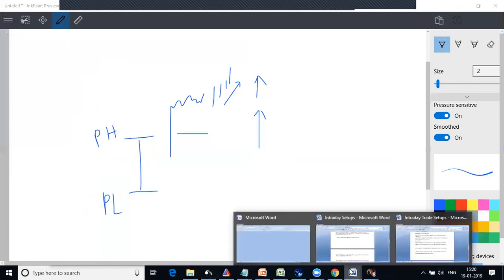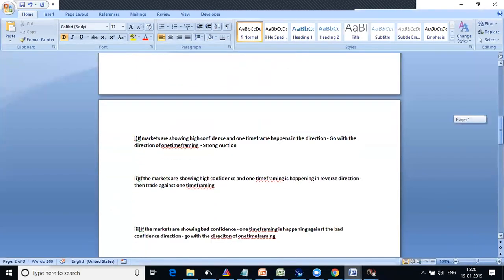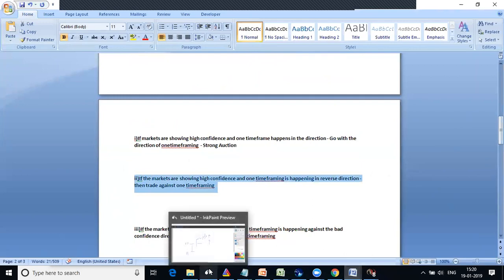Let's look into the second one time framing. The second one time framing says that markets are showing high confidence and one time framing is happening in the reverse direction, right? Then go against the one time framing. This is a trade setup.